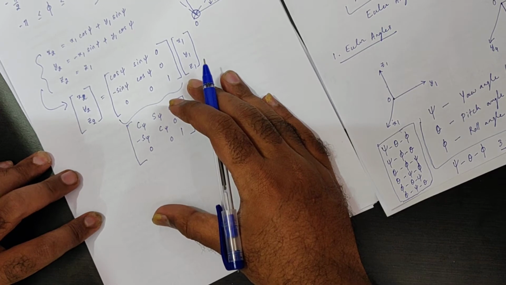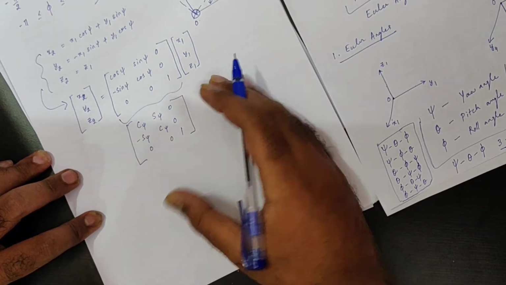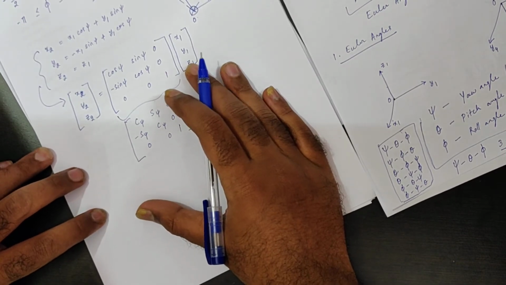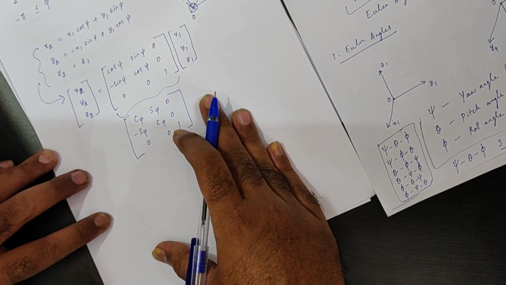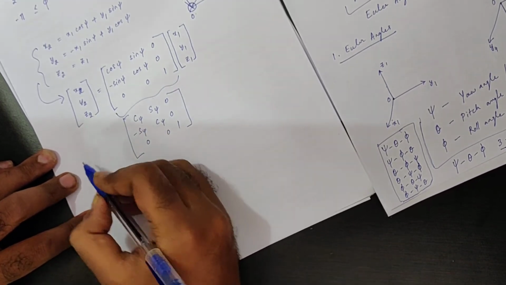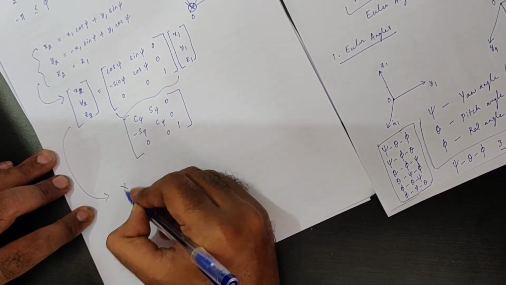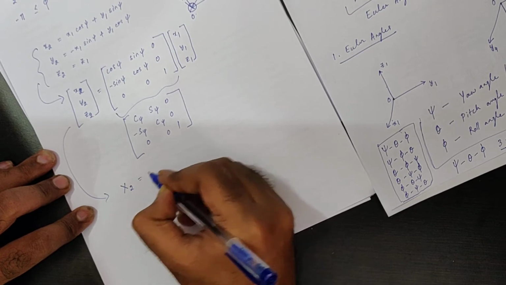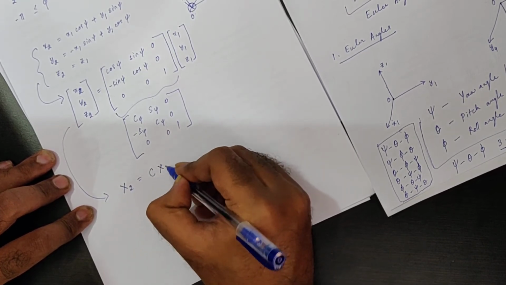However, our aim is to see how, with a minimum number of variables, we can represent this. So we can write this equation as x2 equal to C x1.